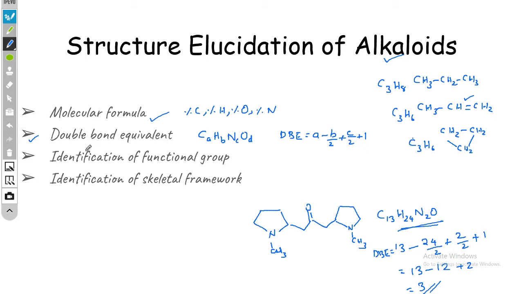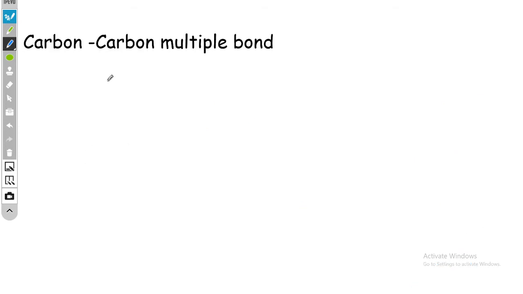Now we are going to see the identification of functional groups. Non-aromatic carbon-carbon multiple bonds are easily detected by treating the compound with reagents like bromine, halogen acids, or alkaline potassium permanganate. That is the usual test for carbon-carbon multiple bonds.